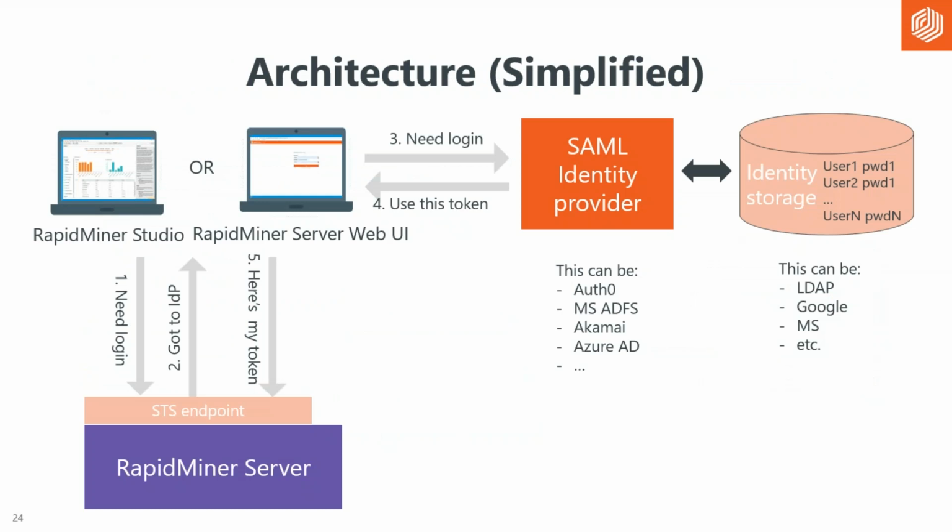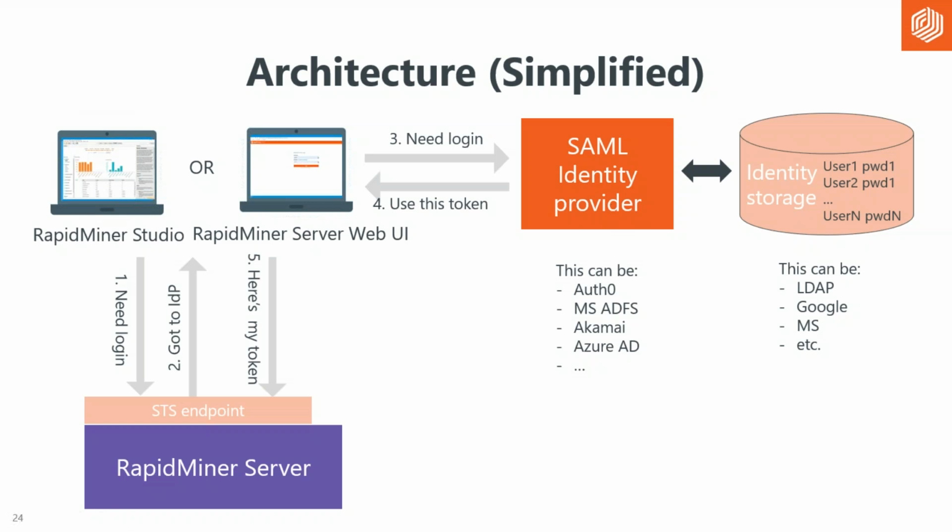Just quickly, very roughly, how that works. Whenever some user sits in front of Studio and wants to access RapidMiner Server, it makes that request. RapidMiner Server knows, oh, this user might not be logged in yet, so it will reach out to the identity provider. That identity provider brings up the login screen to the user.